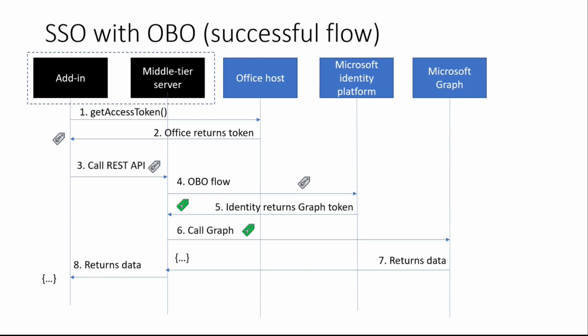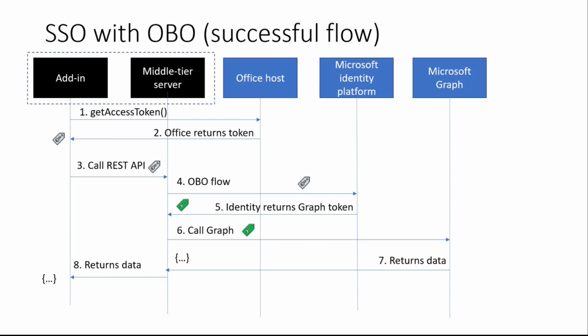And then the middle tier server, through delegated access from the user that signs in, is going to call Microsoft Graph. And to make this work, the Office host that you're in, be that Excel, Word, PowerPoint, or Outlook, is involved as well. And the Microsoft Identity Platform is there because that's the platform that's going to create the tokens and also handle authorization requests.